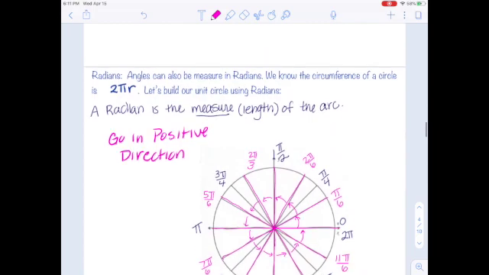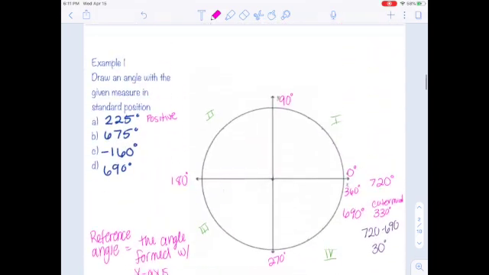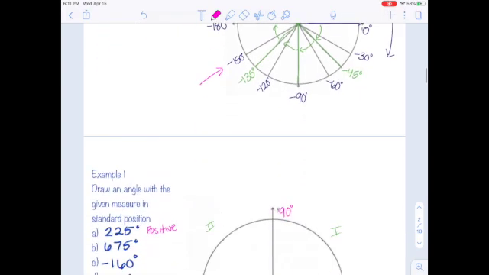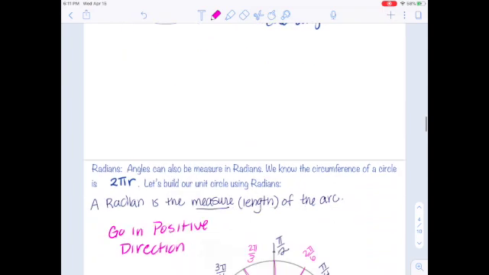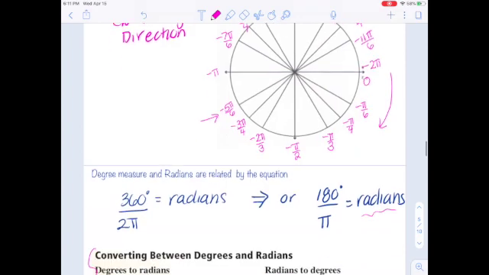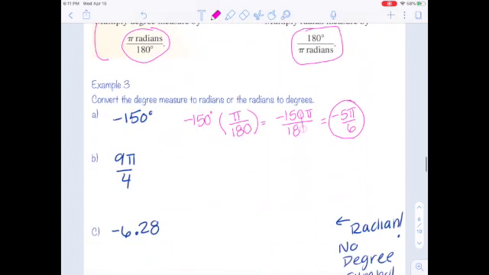And you can compare that on your unit circle. Scroll back, negative 150 degrees. When we were going in the negative direction, negative 150 is right there, which is equivalent to your negative 5 pi over 6.